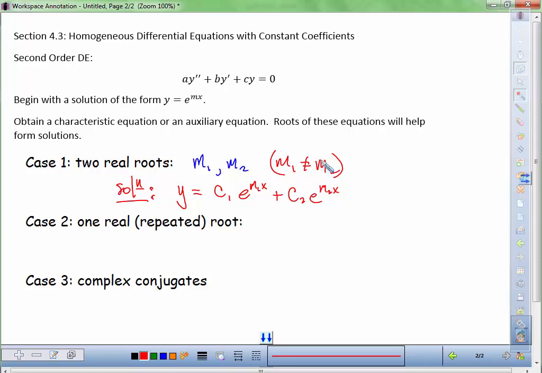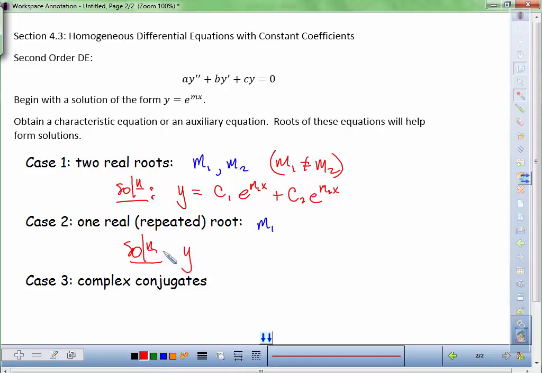Now, the other one, we saw that we had one real root that technically is repeated, so that accounts for your two real solutions. But since they're the same, they're equal, we just say it's one real root. And we used the reduction of order substitution to find our second linearly independent solution.